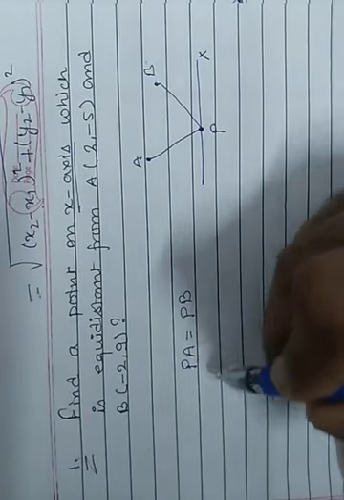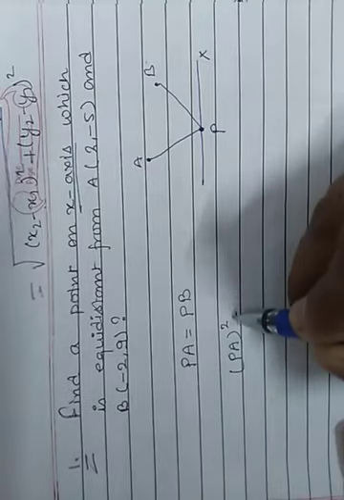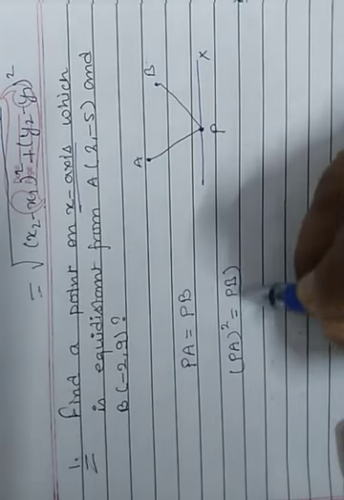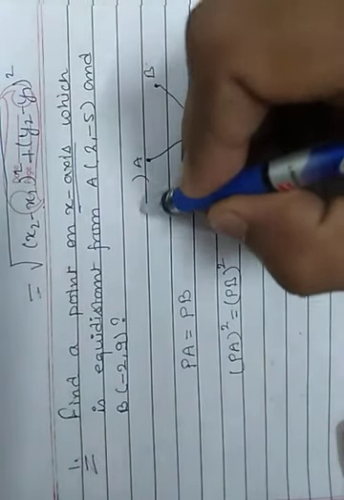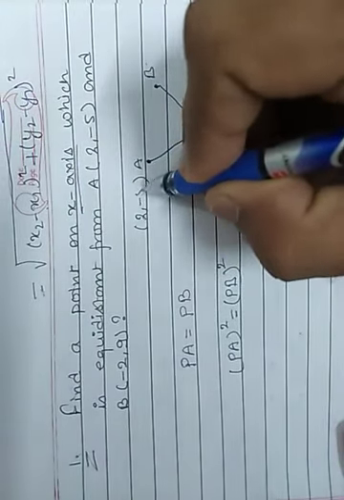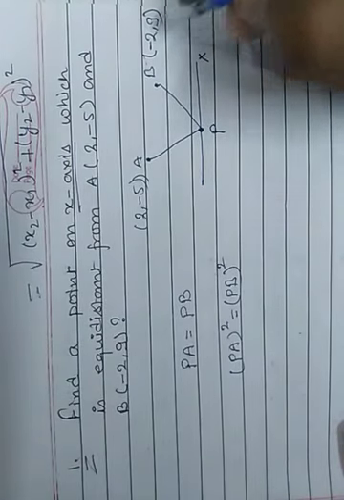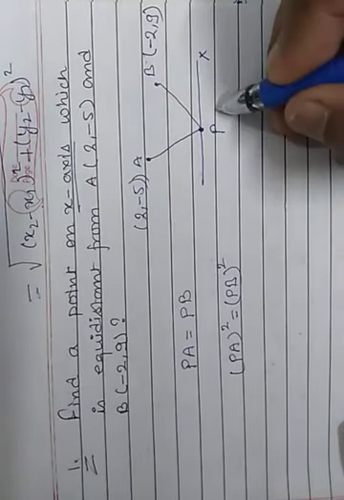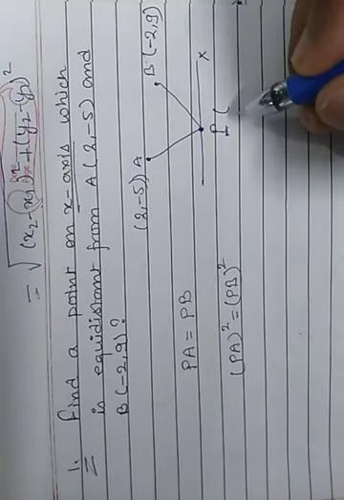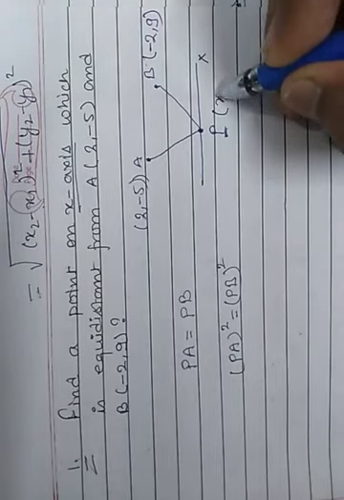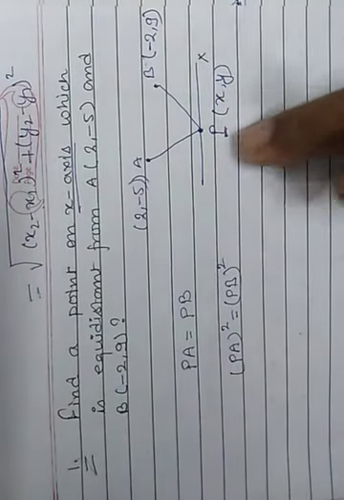Or if we square both sides, then PA square is equal to PB square. Now the coordinates of A are 2, minus 5 and the coordinates of B are minus 2, 9. Let the coordinates of this point P on the x-axis be x, y.